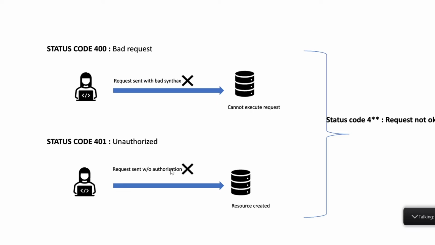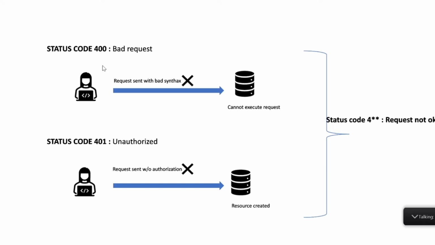Next, we are moving into the status codes starting with 4. Those mean that your request was not okay. Something is wrong on your side. For example, the status code 400 literally means that your request was bad.